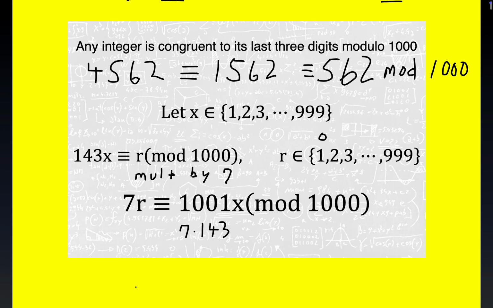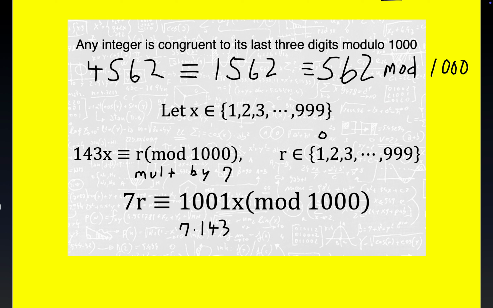But here's the catch, and this is what makes the problem fairly simple to prove rigorously. 1,001 divided by 1,000 leaves a remainder of 1, and sometimes modular arithmetic is called remainder arithmetic for that very reason.